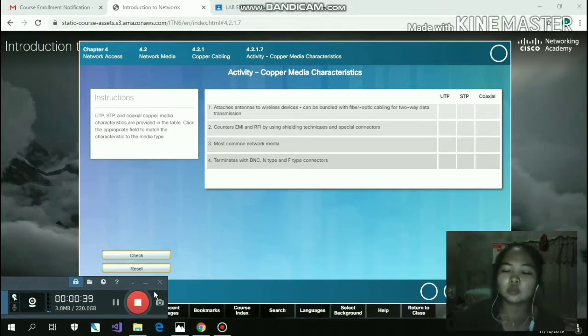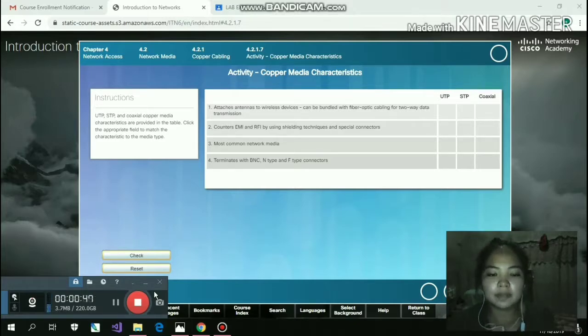So the second one is the STP, or shielded twisted pair cable. Shielded twisted pair cable provides better noise protection than UTP cabling. However, compared to UTP cable, STP cable is significantly more expensive and difficult to install. Like UTP cable, STP uses an RJ45 connector.